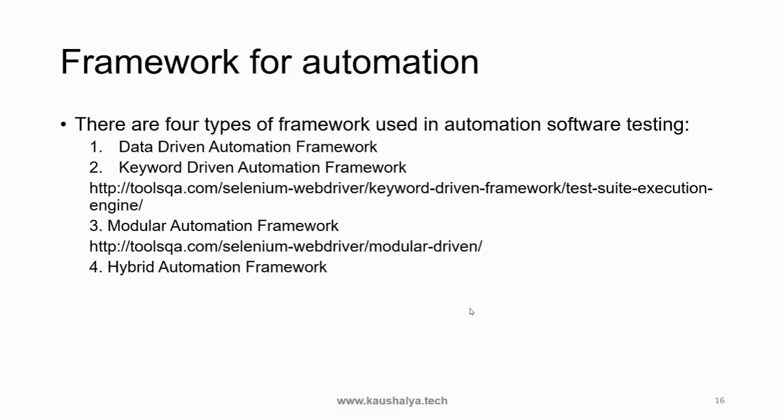And then we use the hybrid automation framework, where we use data-driven plus modular, or data-driven, keyword plus modular. So these are the different frameworks people typically use when going with automation.